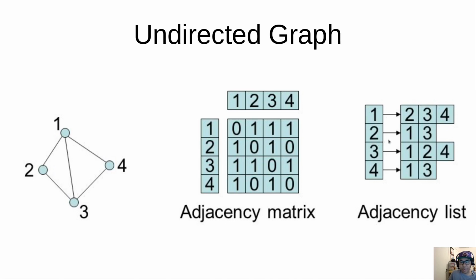We put the nodes that are connected to 2, which is 1 and 3. And what's connected to 3 is 1, 2, and 4. 3 is not connected to itself, and you can see for 4, it's 1 and 3. You can see the relationship in the adjacency list and the adjacency matrix.